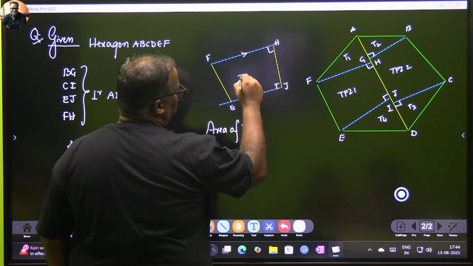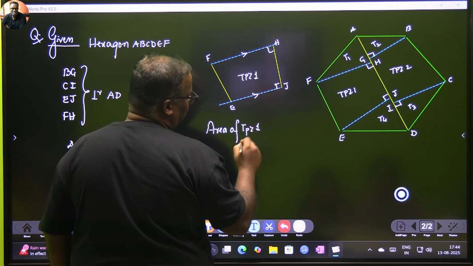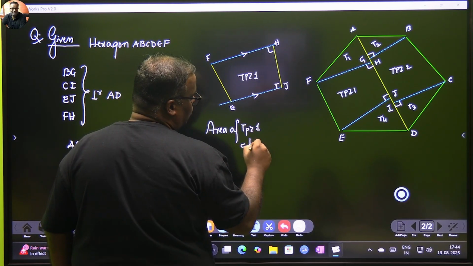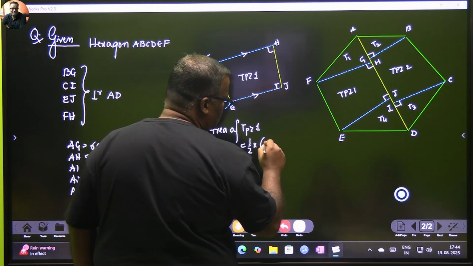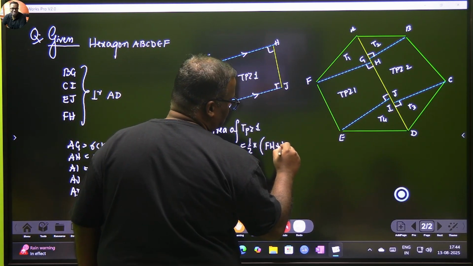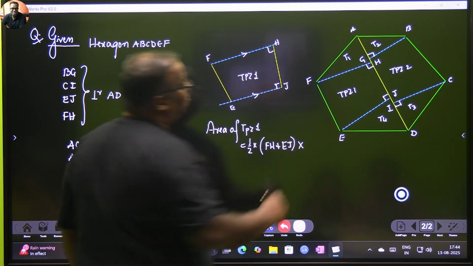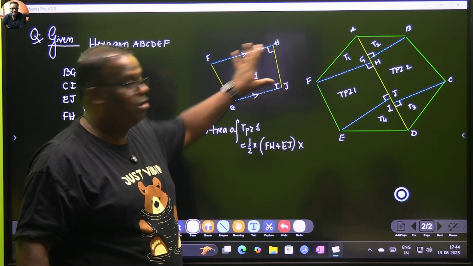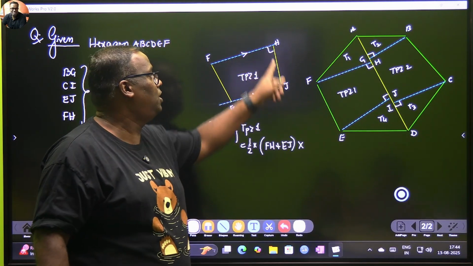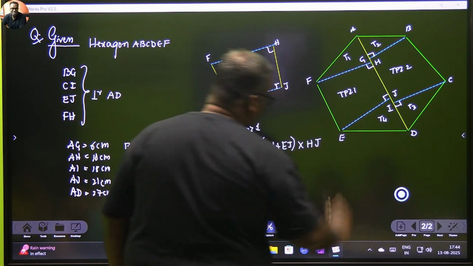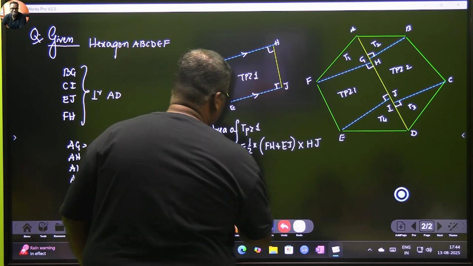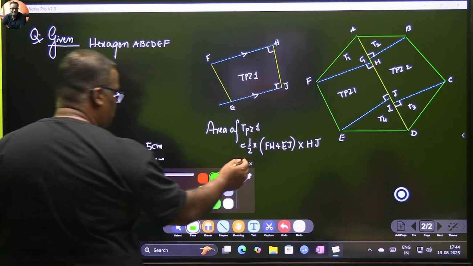Now the area of this trapezium, say trapezium 1. What is the area of a trapezium? Half into sum of the parallel sides. The sum of the parallel sides means FH plus EJ, into the perpendicular distance between them. This is perpendicular. So this will be HJ.